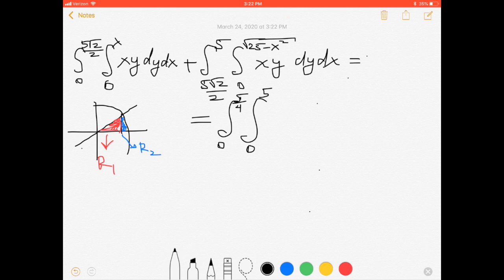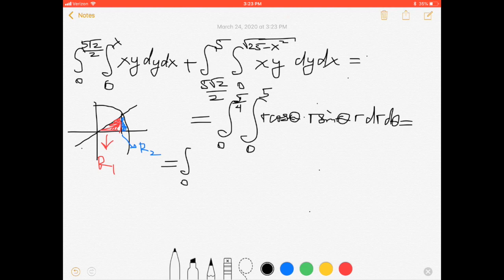And now we have xy, this means r cosine theta times r sine theta. Using our theorem, we have r dr d theta. And you see two scary enough integrals, when we use the polar coordinate system, become one very simple integral. We can continue solving.